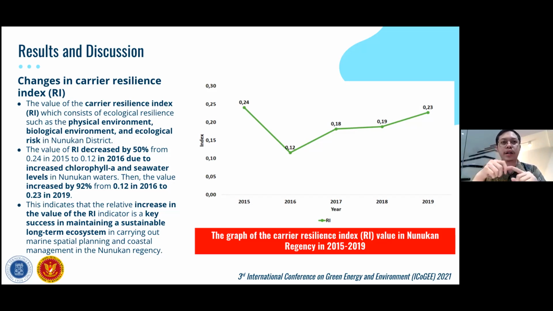But there's another cause, which is a polluted area that increases the chlorophyll out there, and because of that we need to trace back the data itself to see which area is affected.